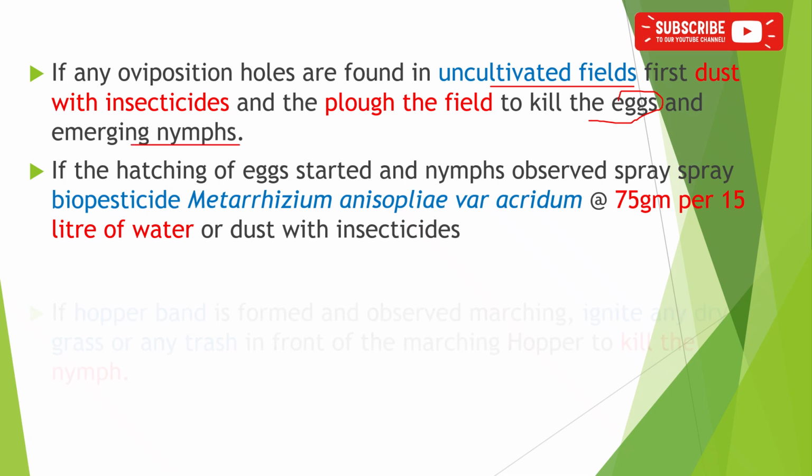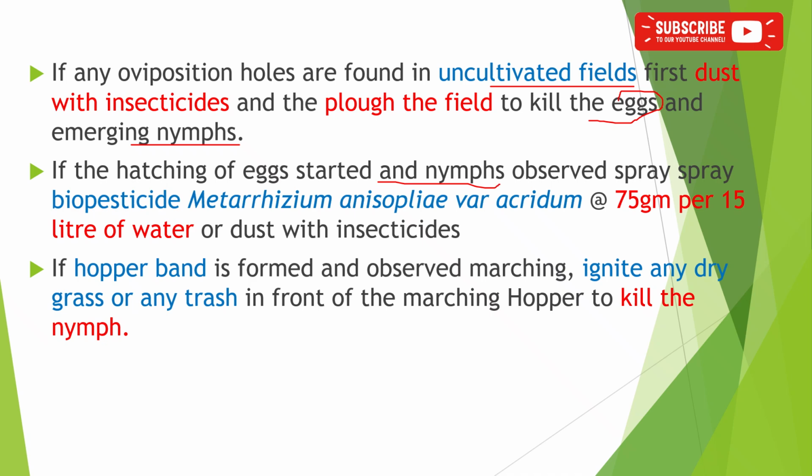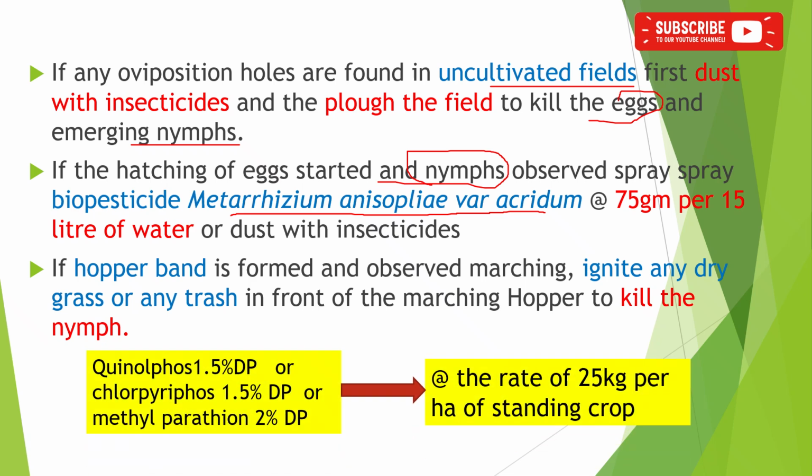If hatching of eggs has already started and nymphs are observed in the field, then spray the biopesticide Metarhizium anisopliae var. acridum at the rate of 75 gram per 15 liters of water, or else dust with insecticides like phenthoate 1.5% dust, chlorpyrifos 1.5% dust, or methyl parathion 2% at the rate of 25 kg per hectare.